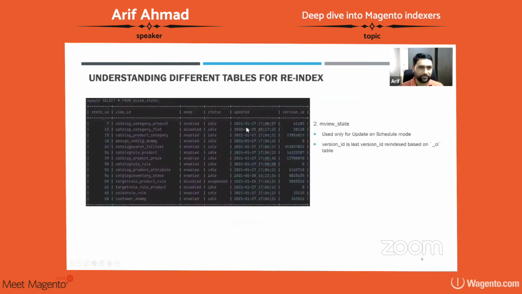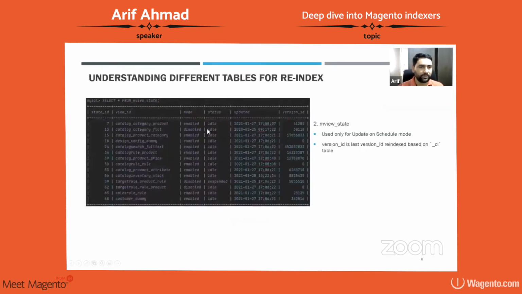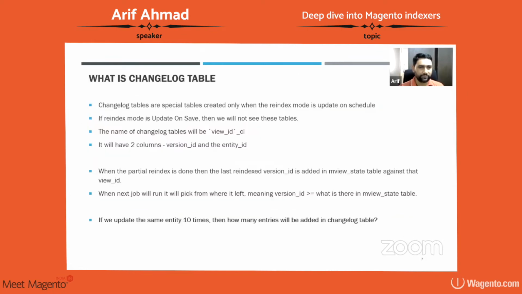If you see the previous one, the view ID is catalog, category, product, so the change log table for this view becomes catalog, category, product underscore CL. Every view will have its own CL table, and it always has two columns, version ID and entity ID.